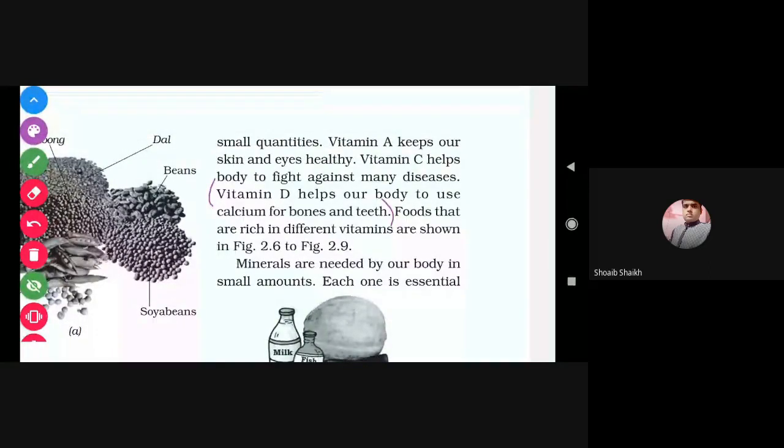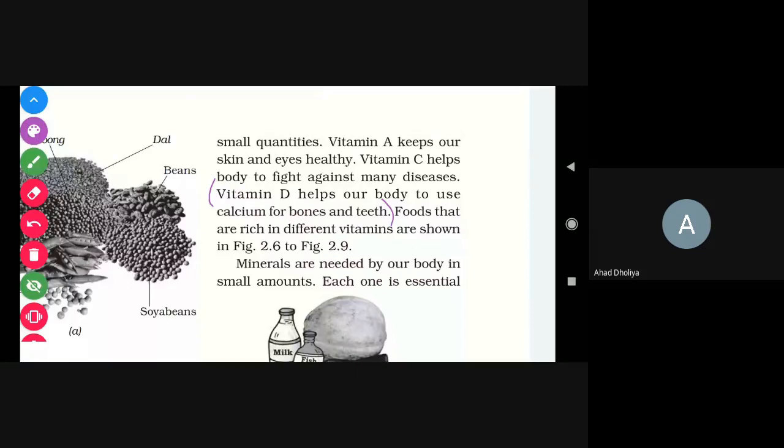It helps our body to use calcium for bones and teeth. Okay. Everybody is done.